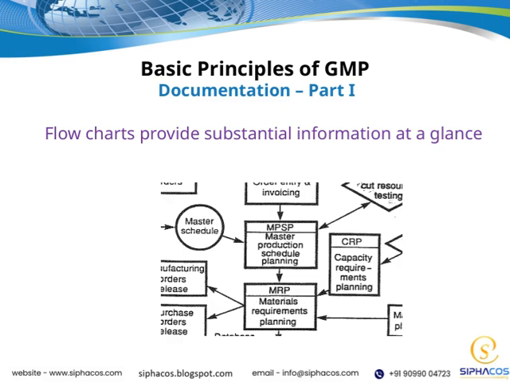Good documentation not only helps in maintaining quality standards, but also plays a crucial role during audits and inspections. It's about creating a reliable trail that shows what was done, when, and by whom. This is essential to ensure accountability and continuous improvement in our processes. So, as we go through GMP principles, remember that thorough documentation is the backbone of quality management and regulatory compliance.